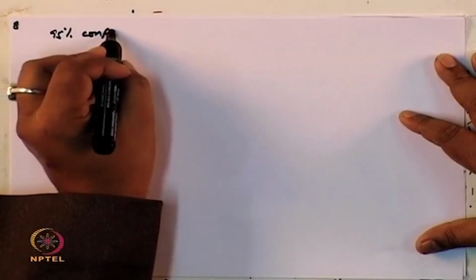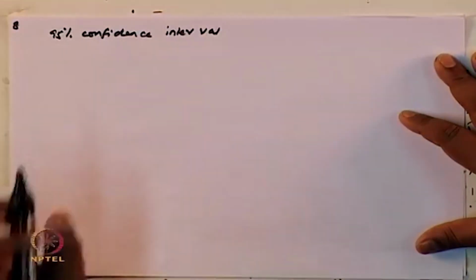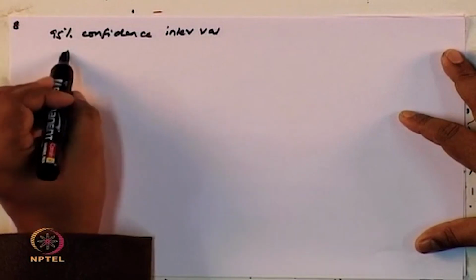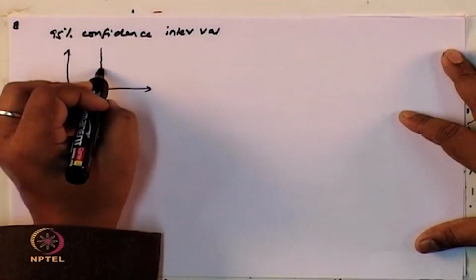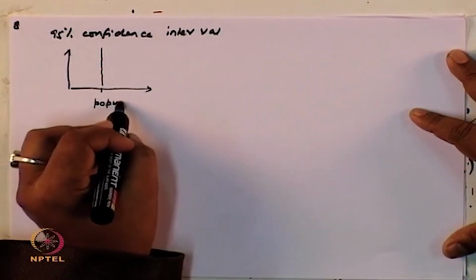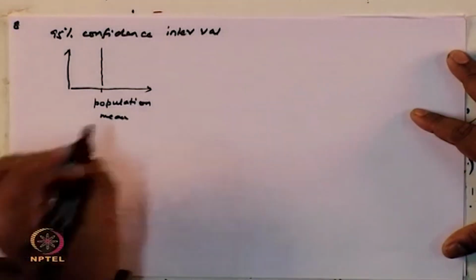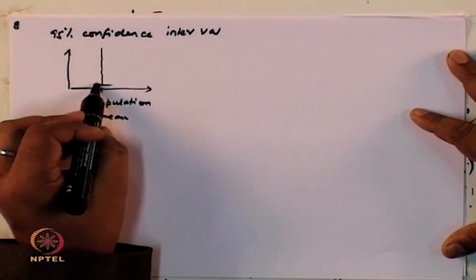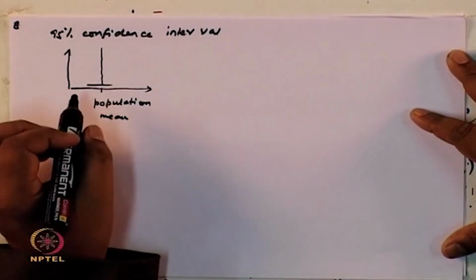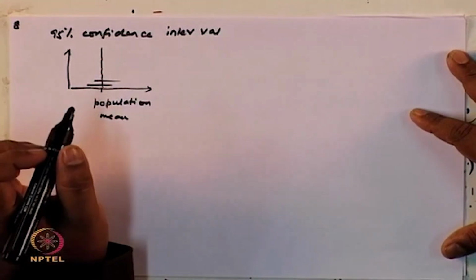Slide 8. What do we mean by saying 95% confidence? Imagine this is your true population mean. Let's say you sample it once and you found the sample range interval to be between this and this. Similarly, another time you did it and you found a range which is somewhere like this.